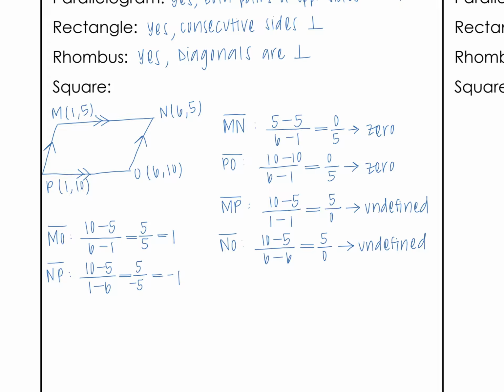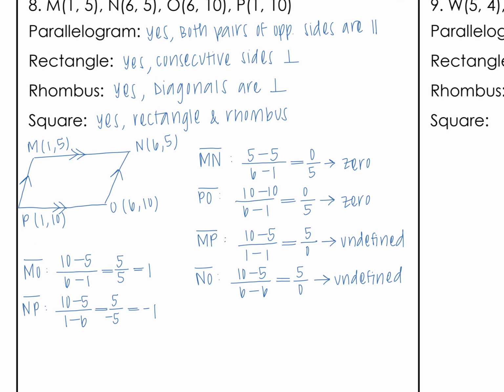For my square, we can just say, yes, it is a rectangle and a rhombus. All right, so that's how you can solve problems like number 8.